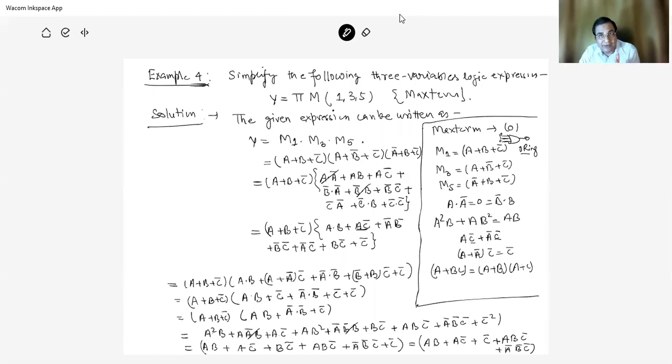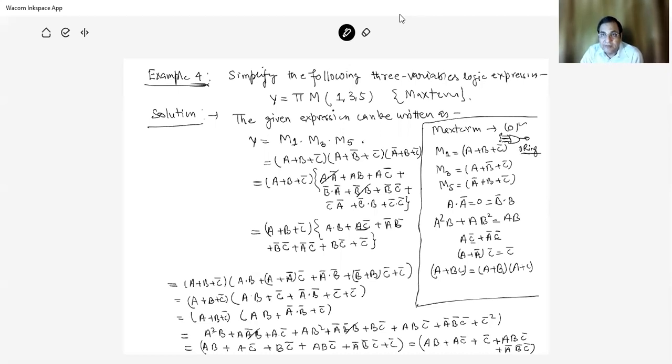This is a problem. Again, we refer either to the table of the three input max terms, or you have to just memorize that a max term is nothing but 0. 0 means low value in OR-ing, low value in OR-ing. That is A, so this one is 0. 0 means all must be 0, but here it is 1, M1.